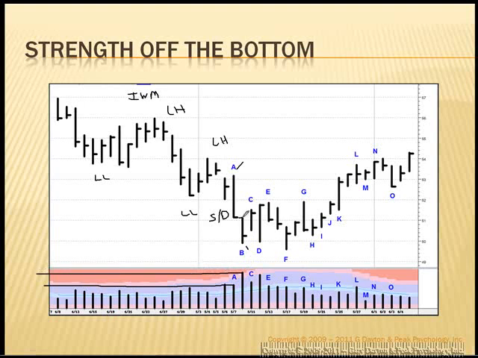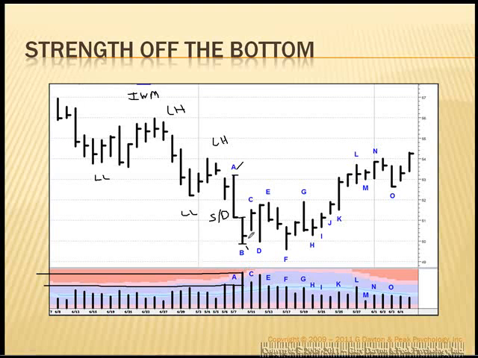And the spread is narrowed down compared to the spread on A, right? And yet, we have substantially more volume on B than we did at A. What might that mean? What might that mean?